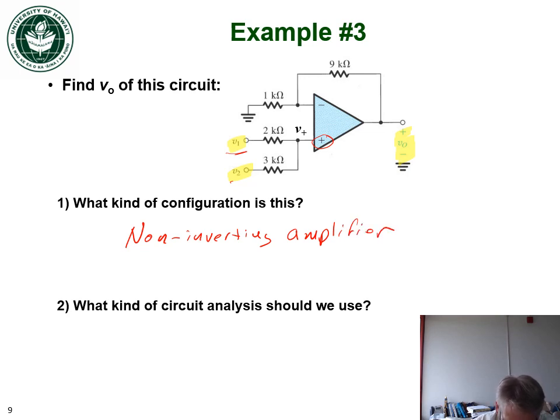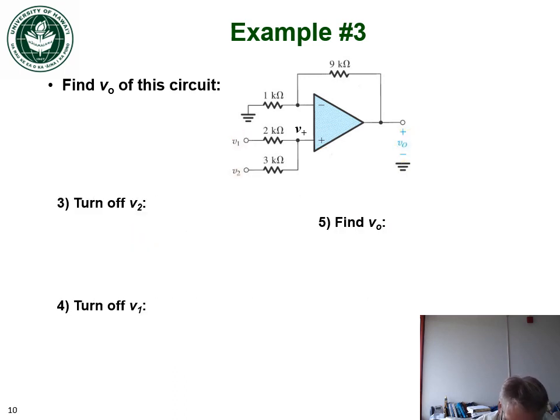The next question is, what kind of circuit analysis should we use? Anytime we have a linear circuit and we have 2 inputs like this, we can use superposition to help us solve the problem. So let's apply superposition. To apply superposition, we turn off one of the inputs.